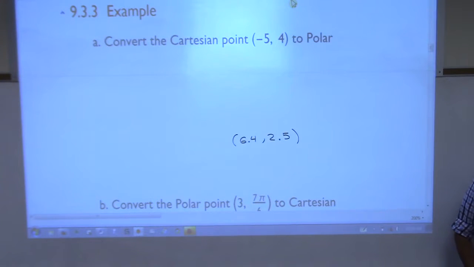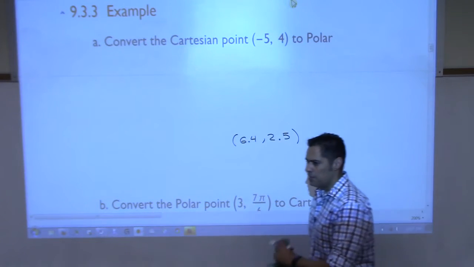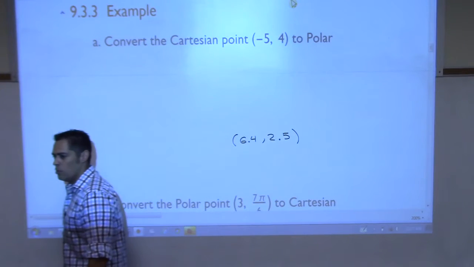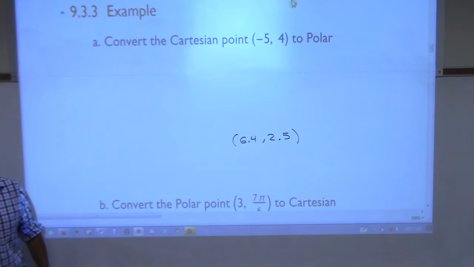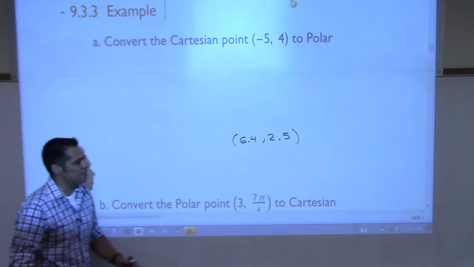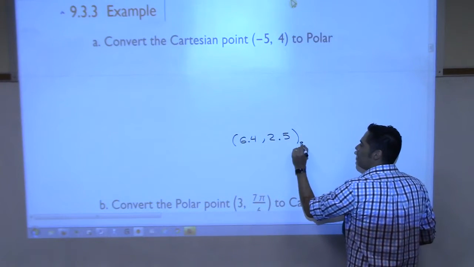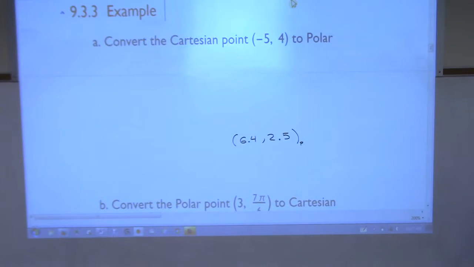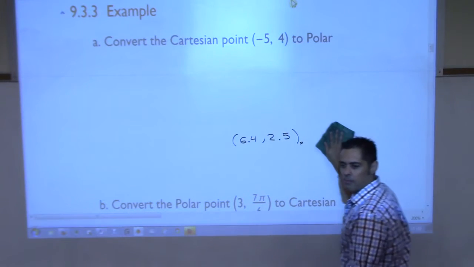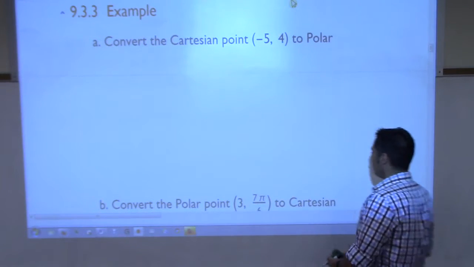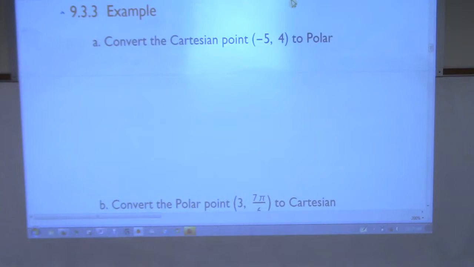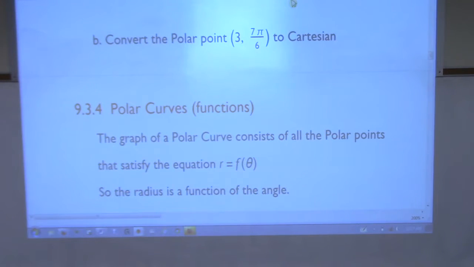But if someone asks you to plot this point, you should ask them what coordinate system they're in, because we don't have a special symbol, like a subscript p, to let you know what system we're in. You have to be aware of that in the context of the problem. We should have a notation to make it a lot easier. Now sometimes it's obvious.